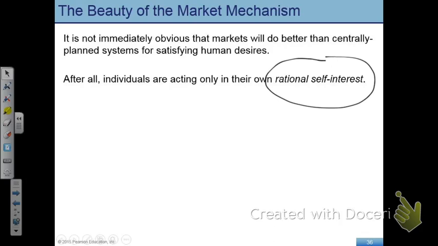They want to buy the things that they want to buy, they want to sell the things that they want to sell, and he argues that this self-interest brings a buyer and a seller together, meaning that a seller really finds the buyer and a buyer really finds the seller, and both of them end up in the same place called a market. So the invisible hand that Adam Smith was talking about is this self-interest behavior of everyone in an economy.